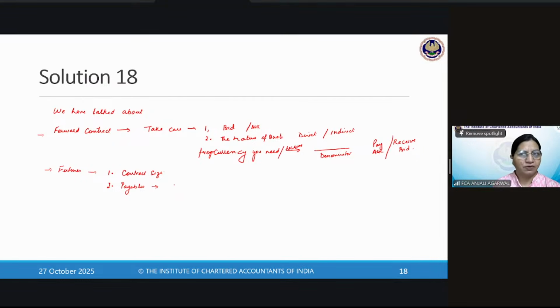So something which you are thinking will increase in future means it's available cheap now. So you will buy the futures of that currency. And if it is receivables, you are fearing the price may fall. So you will sell the future. So just check whether the futures are available for that currency or not.